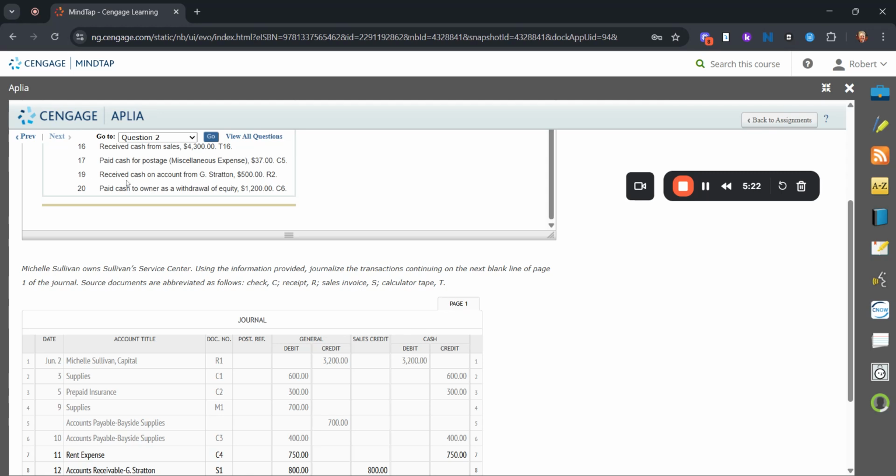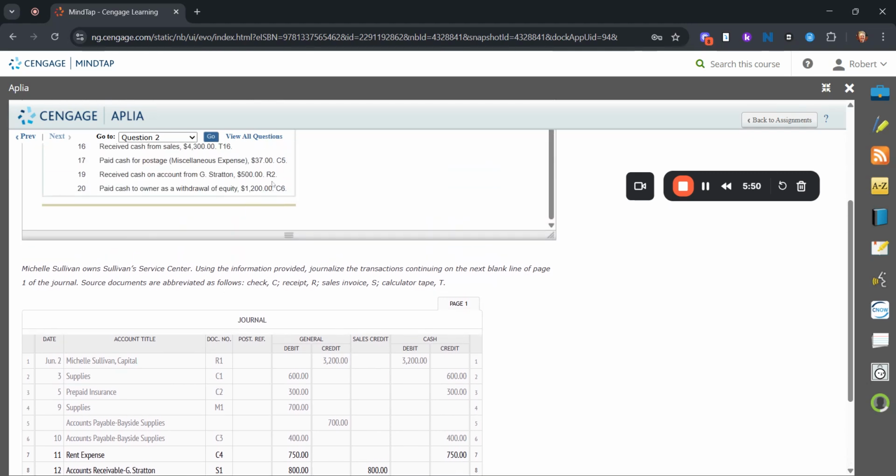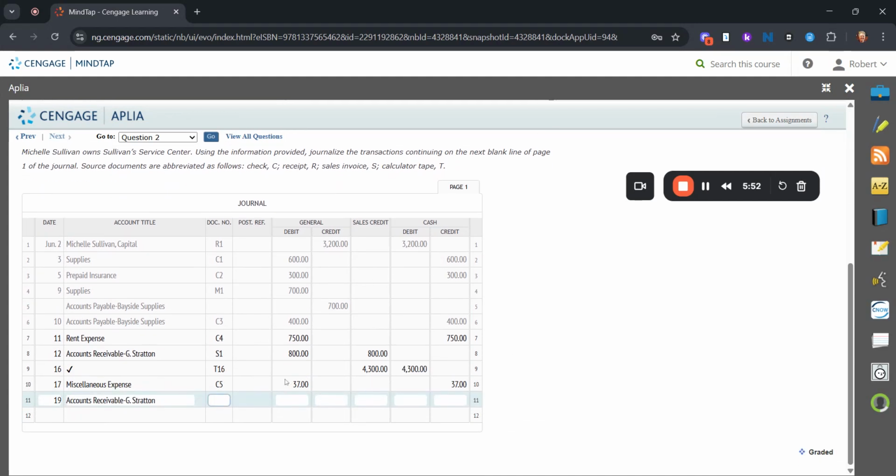Then we have the 19th, received cash on account from G. Stratton. So that's an accounts receivable. And G paid R2 for the document number.